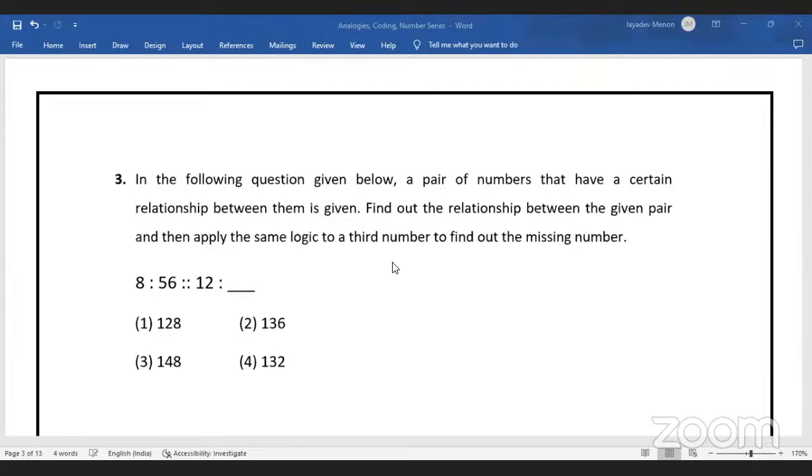The relation between 8 and 56 is actually that 56 is 8 into 7. That means 8 into 8 minus 1. 7 is 8 minus 1. So n into n minus 1. In the same way, here this should be 12 into 12 minus 1. 12 minus 1 is 11. 12 into 11 is 132. So option 4 is the answer. n into n minus 1 format.